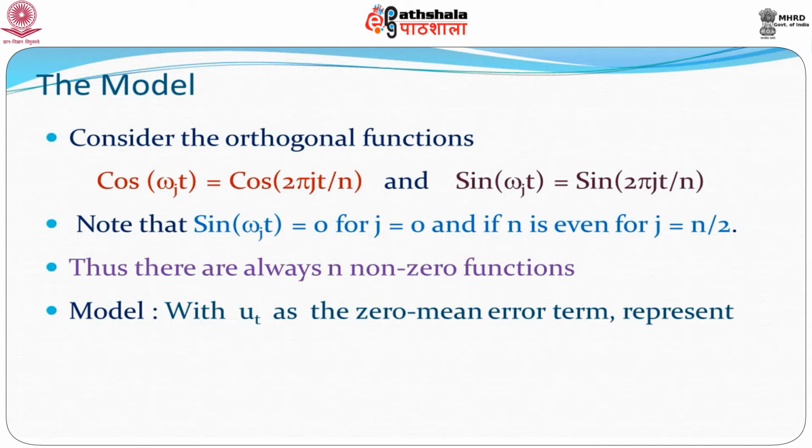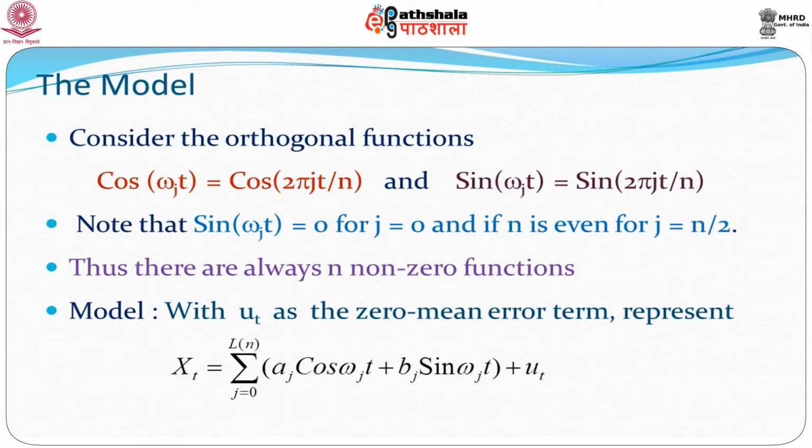So, let us model with u_t as the zero mean error term, and in that case we will express x_t as the sum over j equal to 0 to l_n of a_j cos omega_j t plus b_j sin omega_j t, plus u_t.